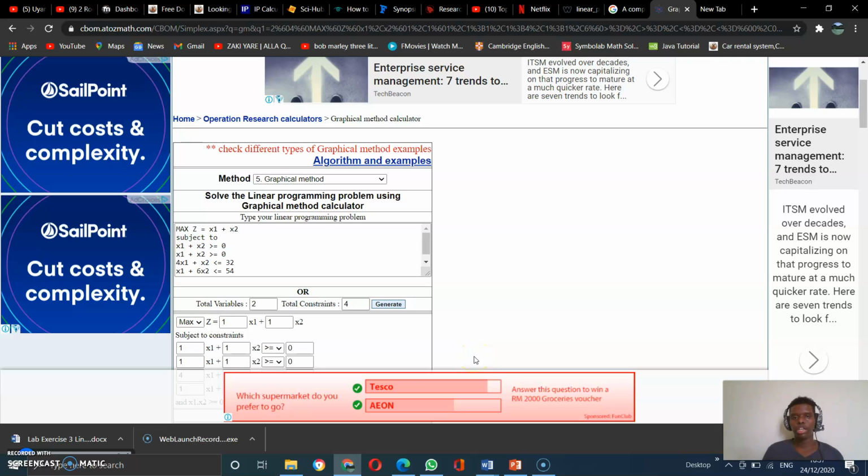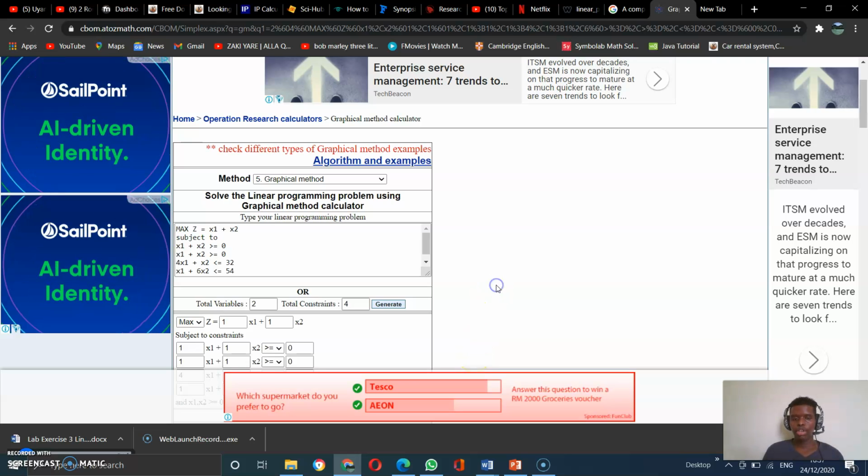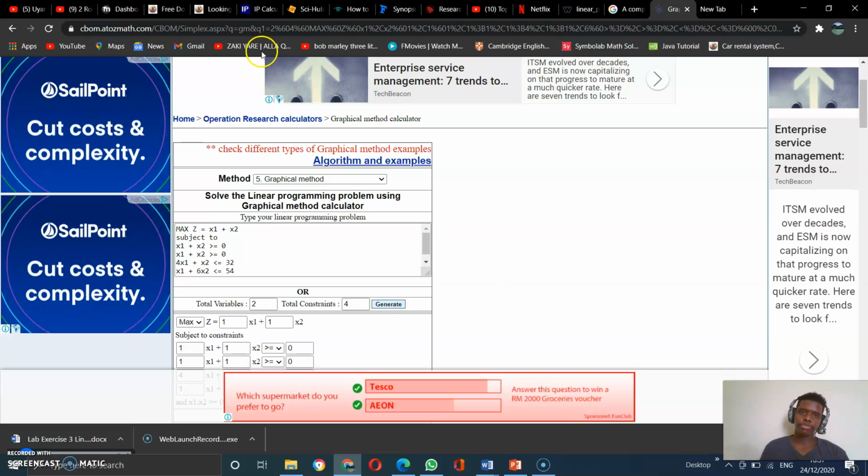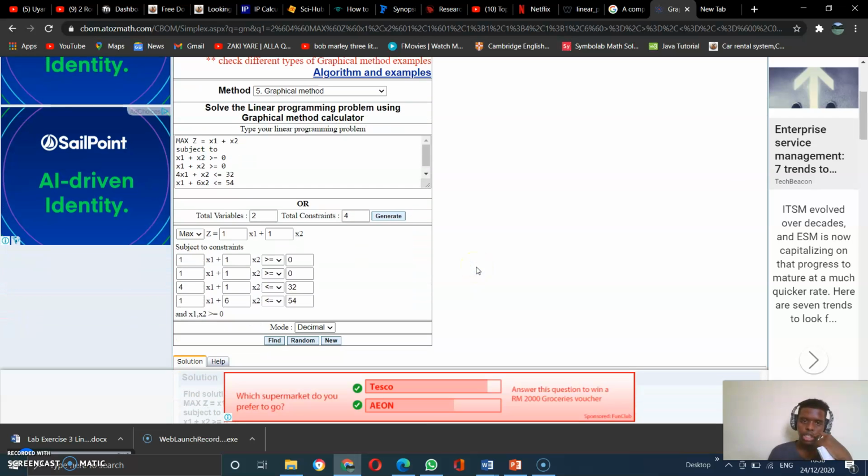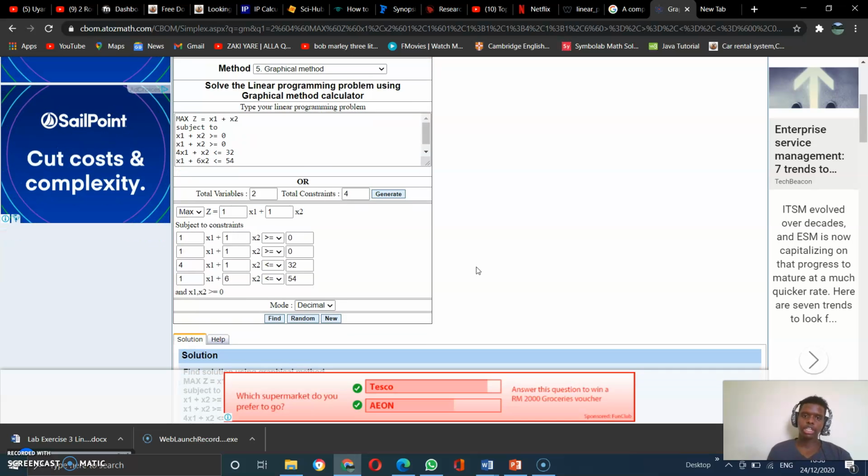So I want to show how I make the graph. Firstly, I use this website. So I enter the data. I already entered the data, and this is my data. So when I get the answer, it is here.